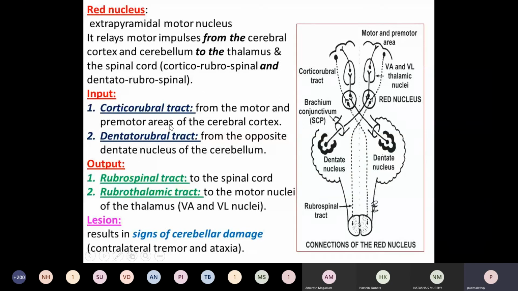Then there are dentatorubral fibers: the fibers arise from the dentate nucleus in the cerebellum and cross to the opposite side to reach the red nucleus. The efferents from the red nucleus are the rubrospinal tract and rubrothalamic fibers, which reach the spinal cord and the thalamus.